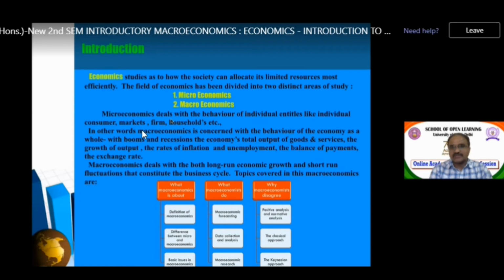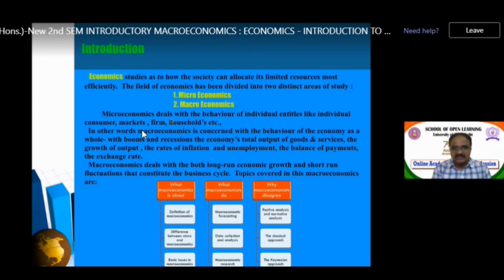Okay, so look at here. Macroeconomics is concerned with the behavior of the economy as a whole. Earlier in microeconomics, you learned how individual decision making is taken according to the resources. Now, the economy has to take decision making about how to utilize the resources totally. So that is the behavior of the economy as a whole.